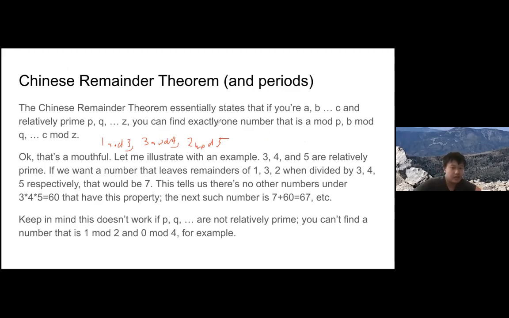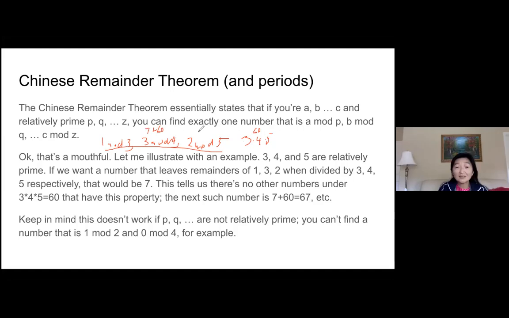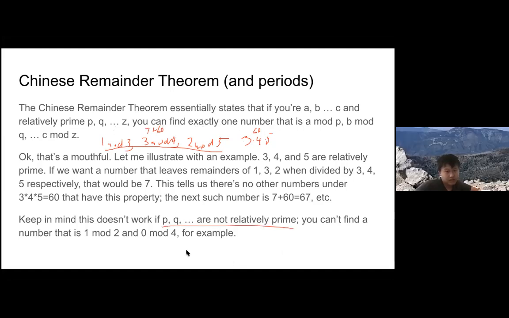Then the Chinese remainder theorem tells us that there's exactly one number that's at most 3 times 4 times 5, which is 60. There's one number that's at most 60 that is all of these. So which would that be? That's 7. So that's the only number under 60 to have this property. The next such number is 7 plus 60, for example. Important to note, they do have to be relatively prime.